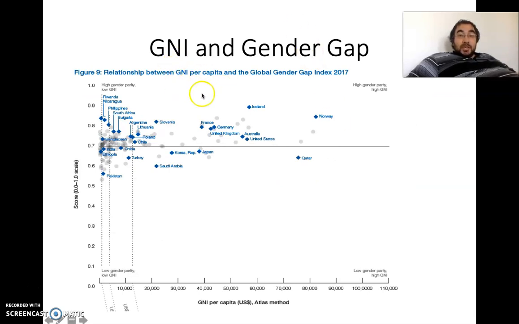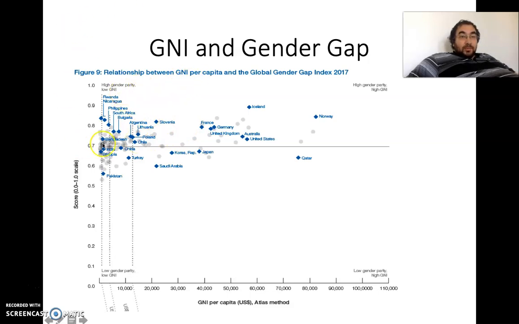Relationship between GNI and global gender gap. As GNI gets higher, well, you don't see a direct relationship, as you see. Probably that's also because you have some countries with very low GNI and very high gender equality.